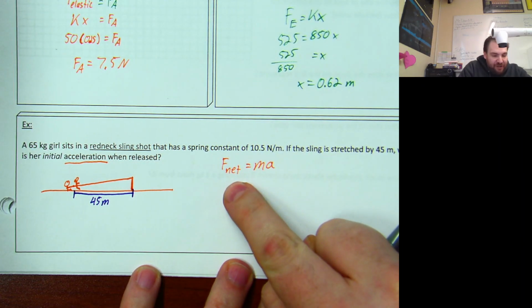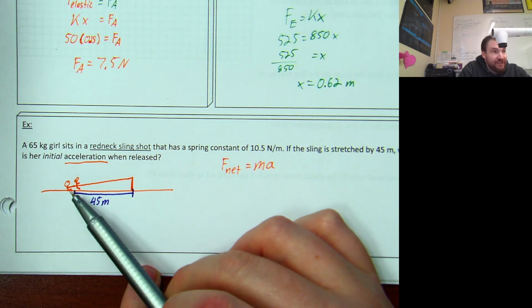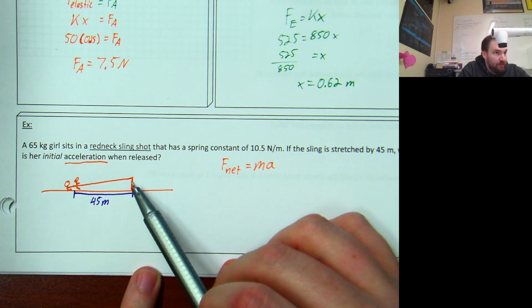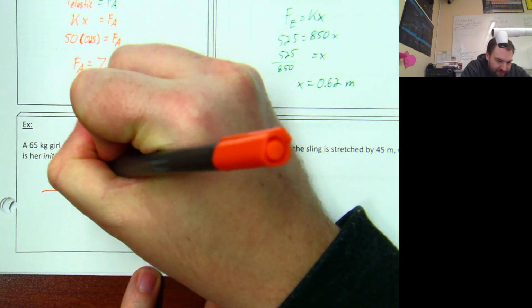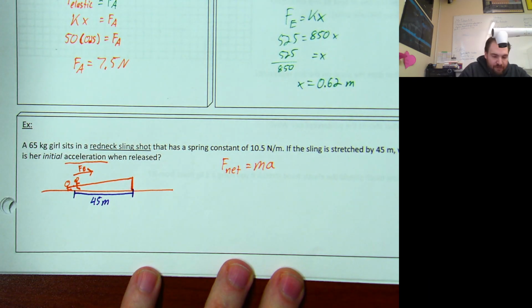Now, the net force, the force acting on her in the direction of motion, is going to be what? The only force acting on her in the direction of motion when Buddy lets go is the elastic trying to get back to normal, right? So there's going to be a massive Fe in that direction.